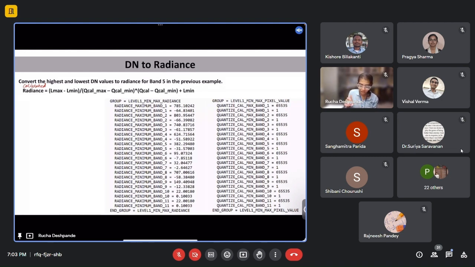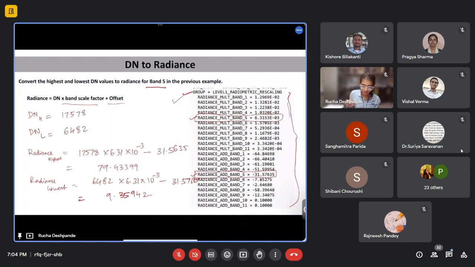So we will try to solve for the same values using the formula for calibrated radiance. This is the metadata information for the Lmax, Lmin, and other values. So you can try solving this problem. The values should be around these only, slightly different.